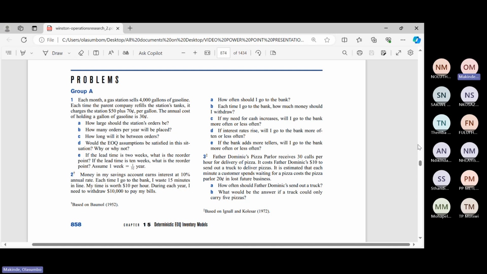Father Dominic's Pizza Parlor. So you can see how this inventory concept can be applied in various operational problems. You can deploy all this if you work in this kind of environment. If you are working in banks and you want to advise your customers on the rate at which they must come and order so that they minimize how often they go to the bank, you can deploy this concept to advise your customers.